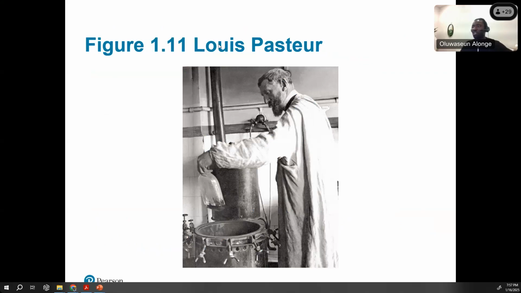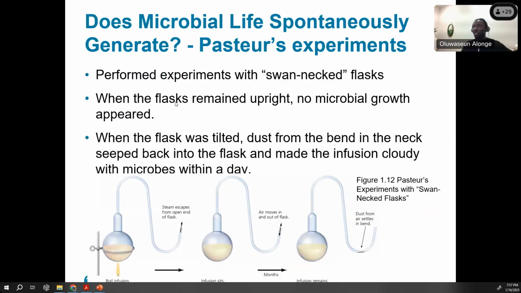Now, this is Louis Pasteur, which is the guy that we know these days on the issue of pasteurization, which is traceable to his name. So this is what he did. He also wanted to confirm if microorganisms actually develop or come up spontaneously. And then he used this flask with curved necks.